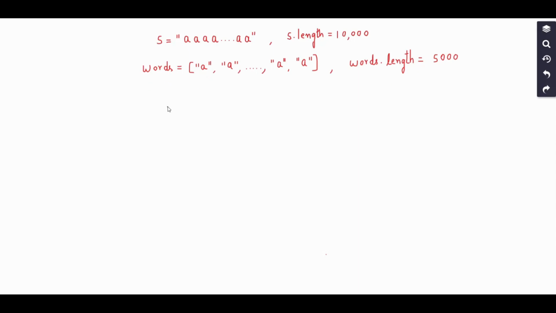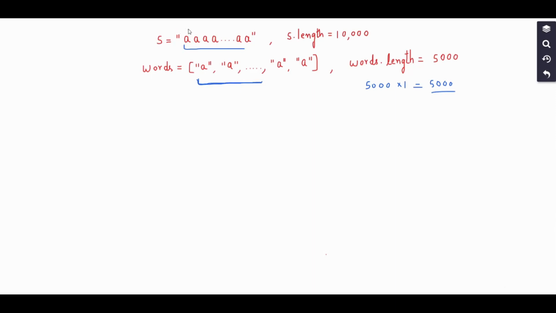We can see that I want to find the valid substring of length 5,000: 5,000 multiplied by the length of each word, that is 1, which gives me 5,000. So I take the first substring of length 5,000, and in that substring I will find all the words present in this words array.